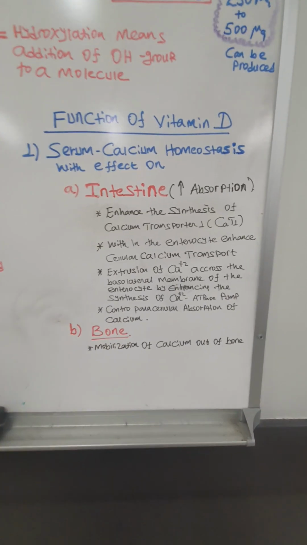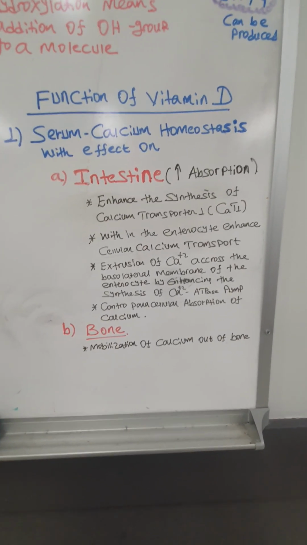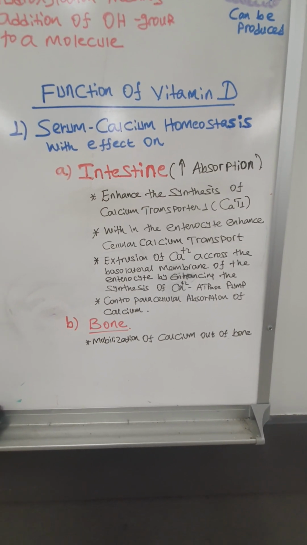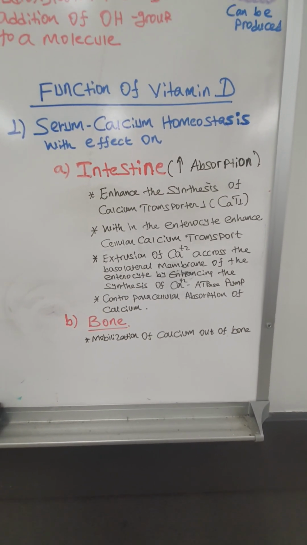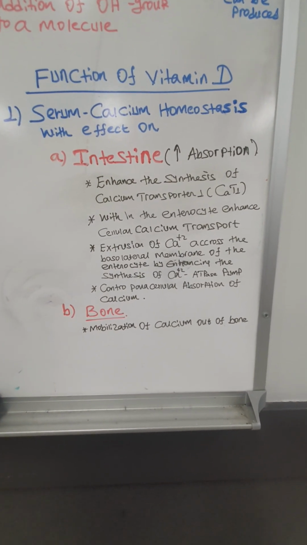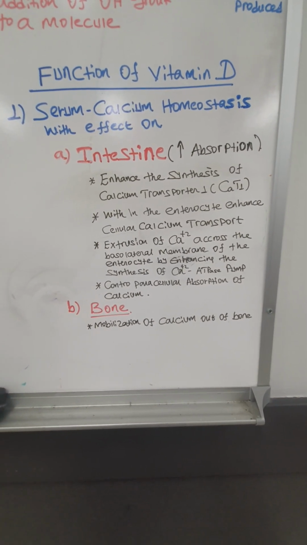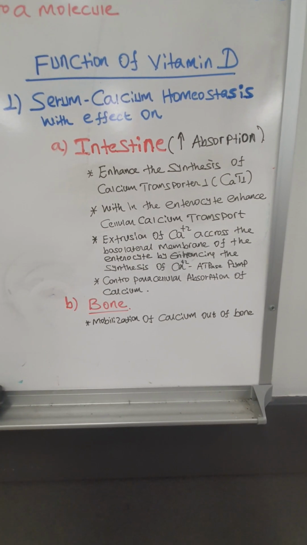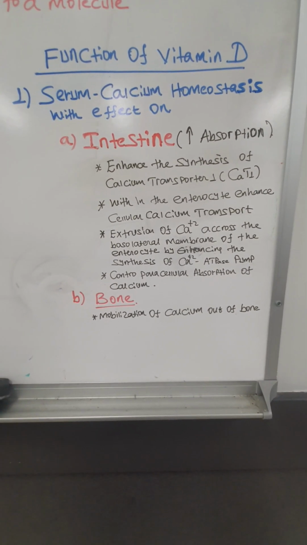Serum calcium homeostasis is very, very important. So vitamin D is required for this. And the most important action of vitamin D3 or calcitriol is increasing the absorption of calcium in the intestine.